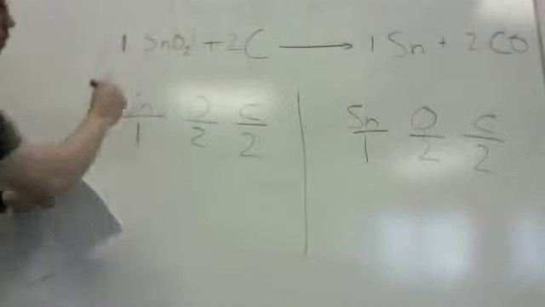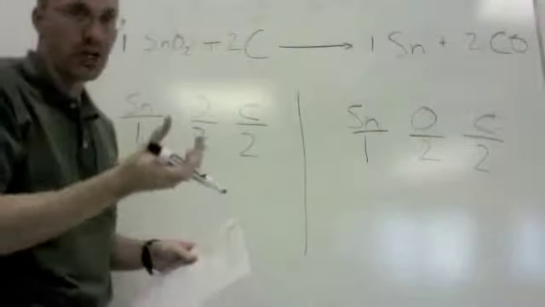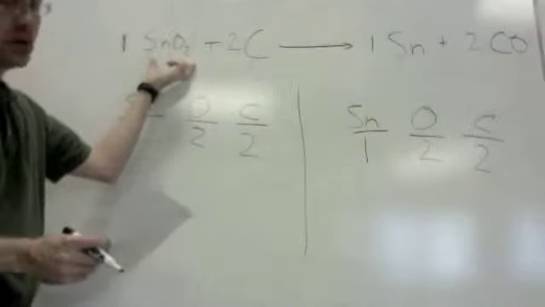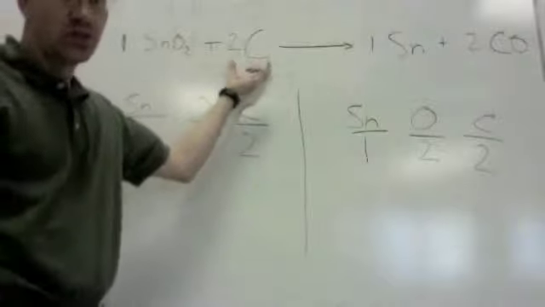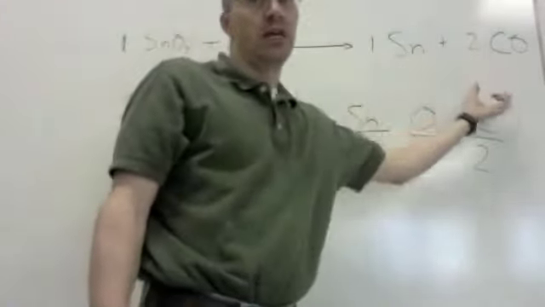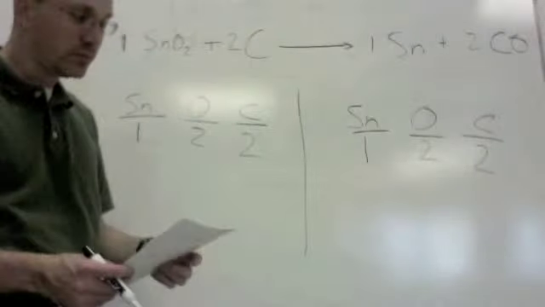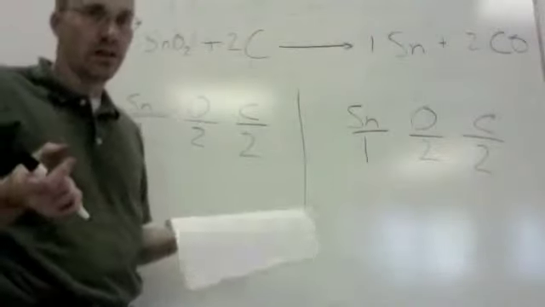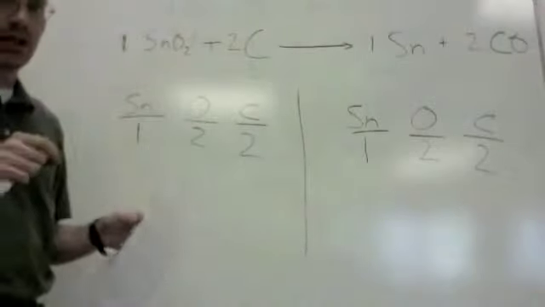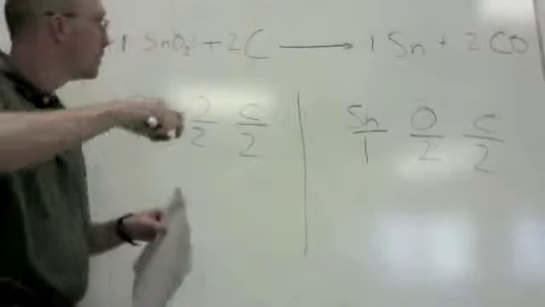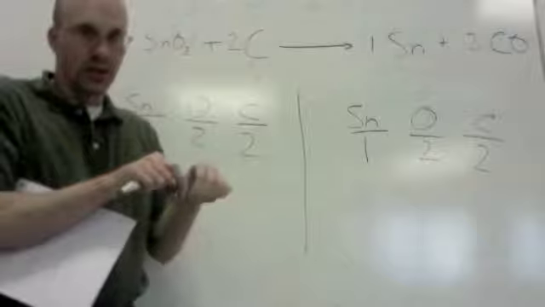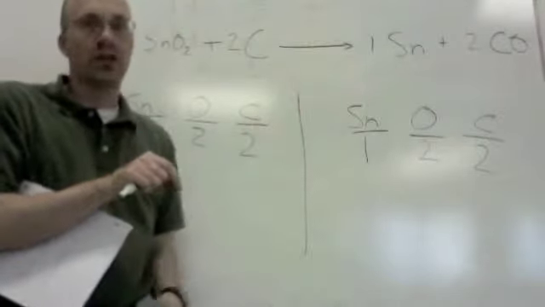What this means on a molecular level is if you had one of these units, you would have to pair it up with 2 of these in order to make 1 of these and 2 of those. But obviously atoms are really, really small, so it's not practical to say that if I had some tin oxide, I could pull out literally one of those, take 2 individual carbon atoms and put them together to get this reaction to occur.